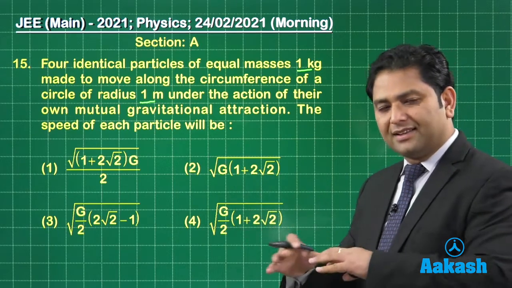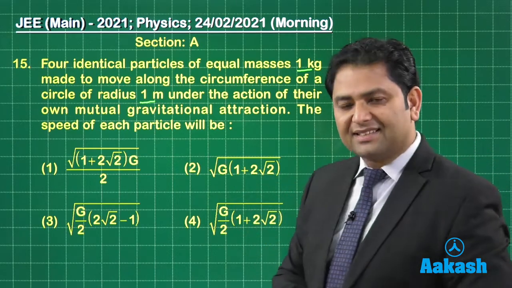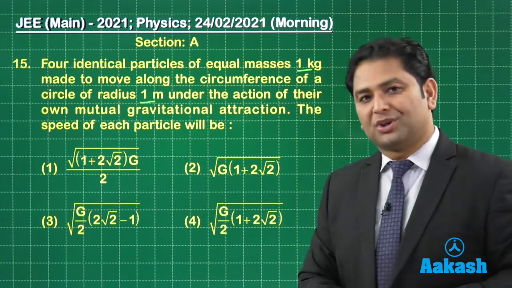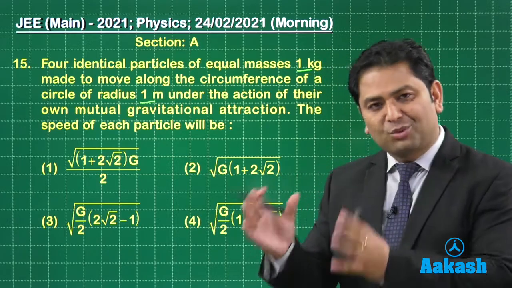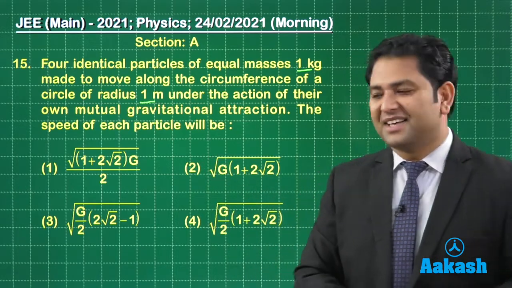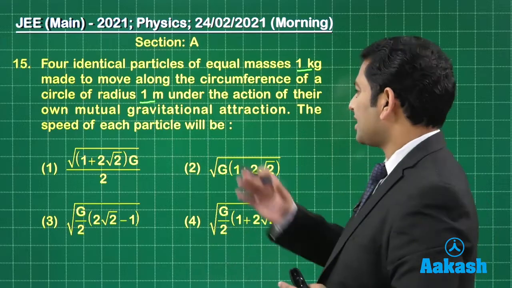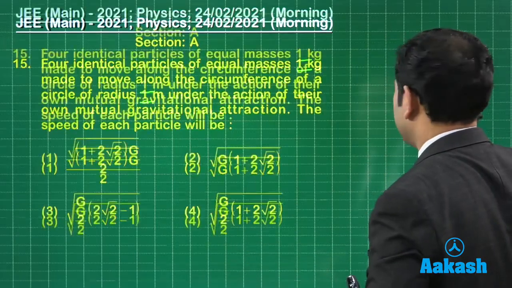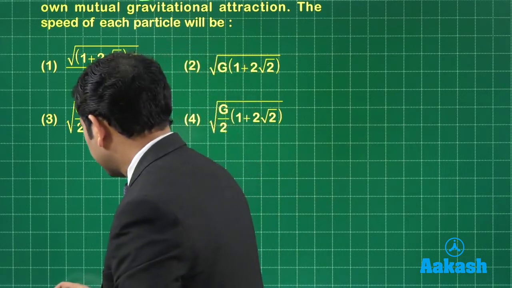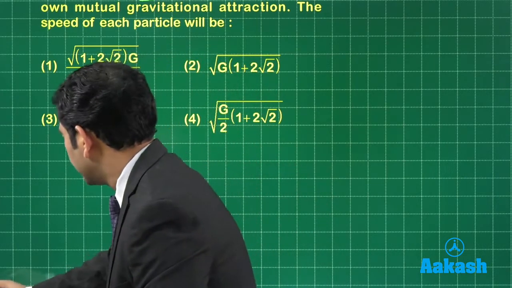The symmetry of the situation says that the net gravitational force will act towards the center, and that will itself act as the centripetal force, all right? So now let's see. We've got to calculate the speed of each particle. A little bit of calculation is required, but no problem, we're not going to worry about that.